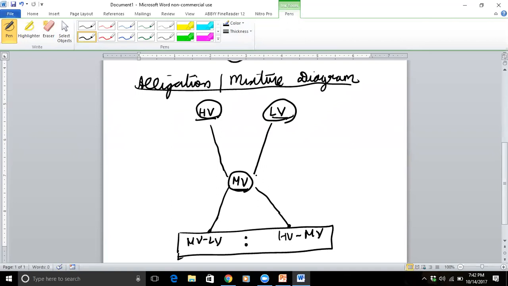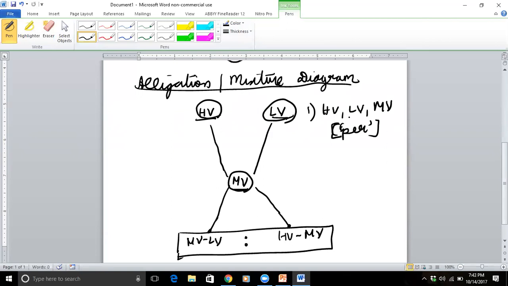Now there are a couple of things that you need to keep in mind when you're solving the mixture diagram. First, whatever quantities you use for the higher value, lower value, and mean value, they have to be associated with the word per. They have to be quantities which are variable quantities. For example, $50 per kg, 50 kilometers per hour, 50%.